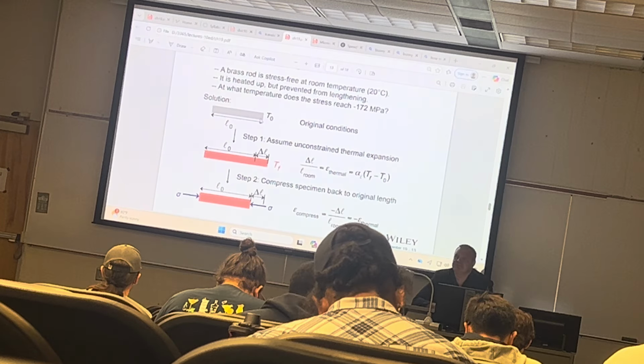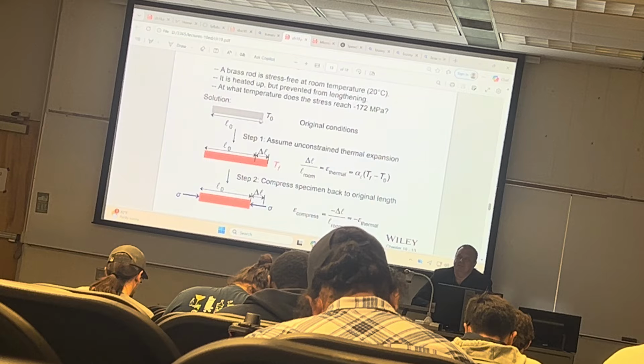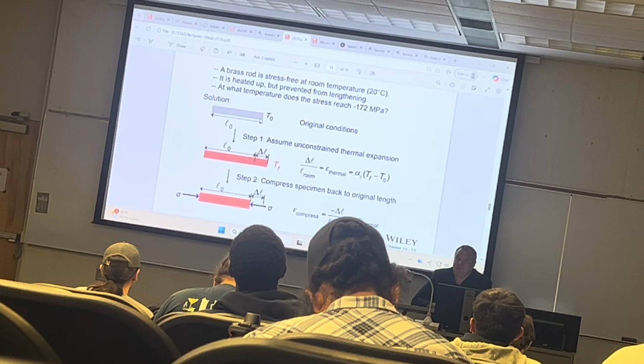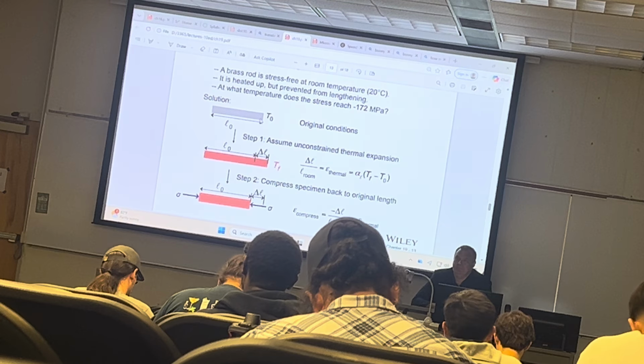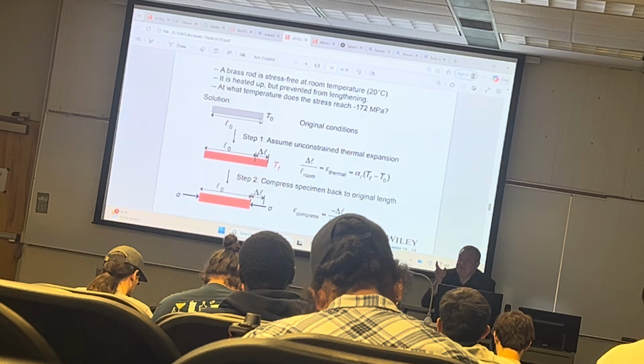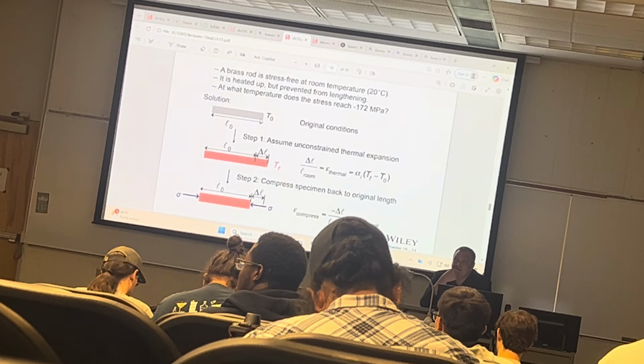In mechanics, this is called a statically indeterminate problem. Remember? Civil you have to take mechanics of solids, but industrials you don't have to take.